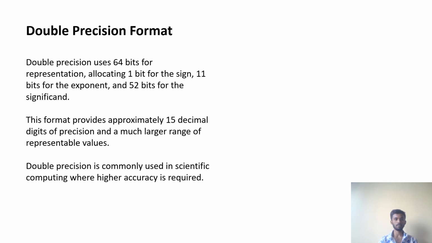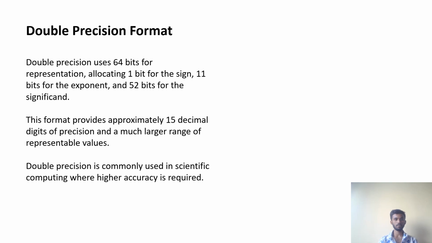Double precision format. Double precision uses 64 bits for representation, allocating 1 bit for the sign, 11 bits for the exponent, and 52 bits for the significand.